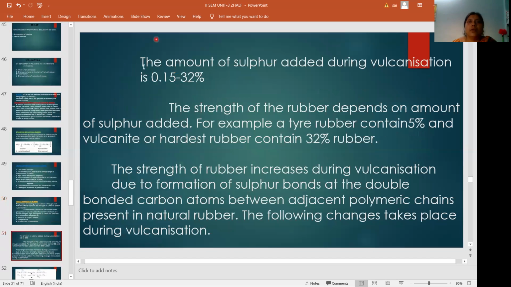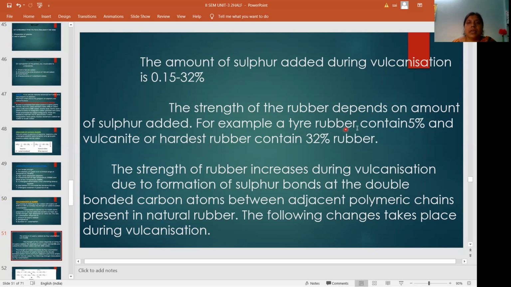Next, the amount of sulfur added during vulcanization is 0.15 to 32%. That means during vulcanization, sulfur is added in this range only: minimum 0.15% and maximum 32%. The strength of the rubber depends on the amount of sulfur added, whether 10%, 20%, like that.